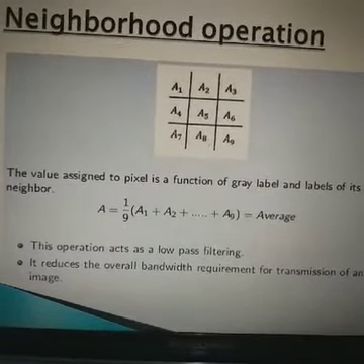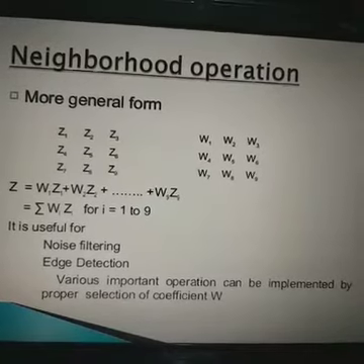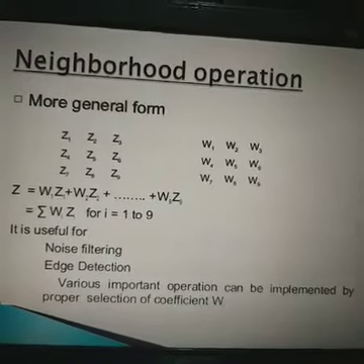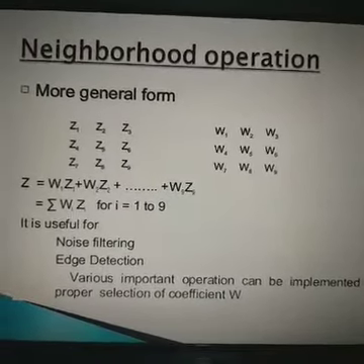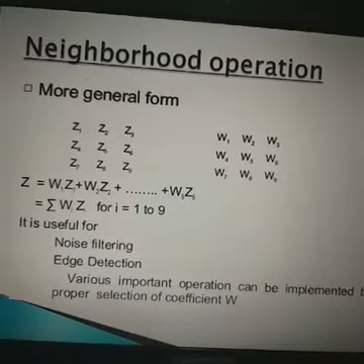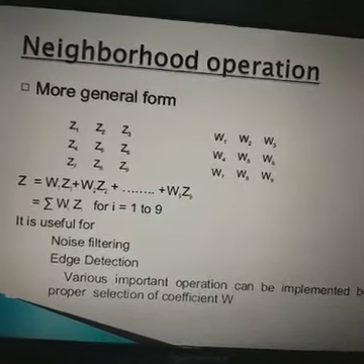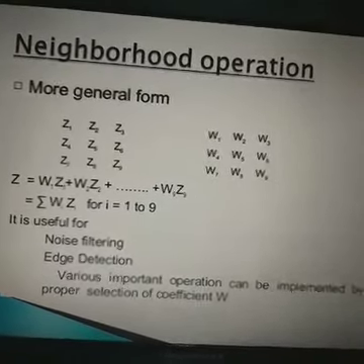This is the last one, which is the generalization form. We can also represent that image in this way. We have the image Z having the pixel values, with weighted values, or we can say the window values. Z1, Z2, Z3 are the pixels, and these are multiplied by their weights.